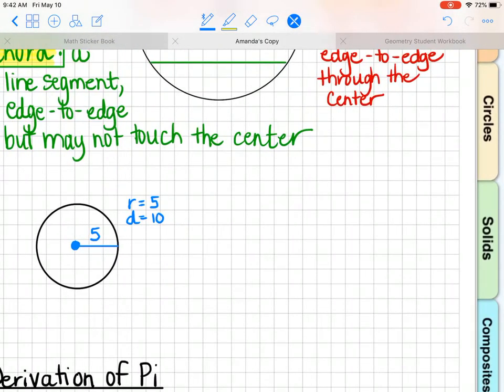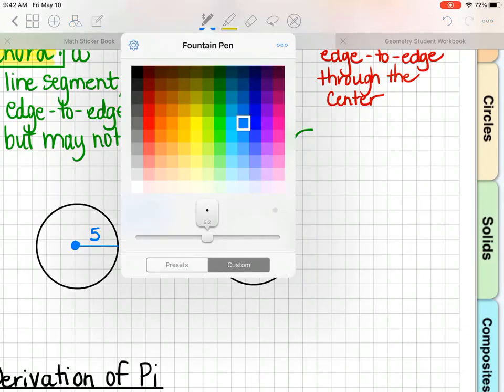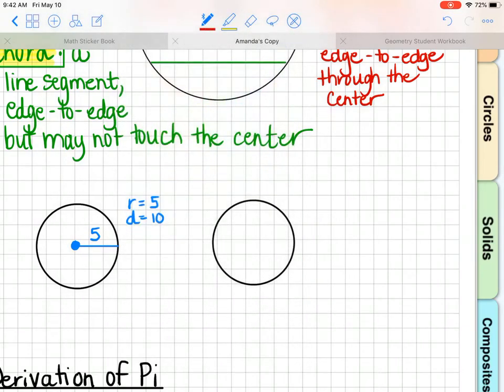Okay, let's try another one. What if I tell you that in this circle, let's use red just to distinguish the color. Maybe I give you this dimension, and it does pass through the center. That's very important. And I tell you that that dimension is 30.